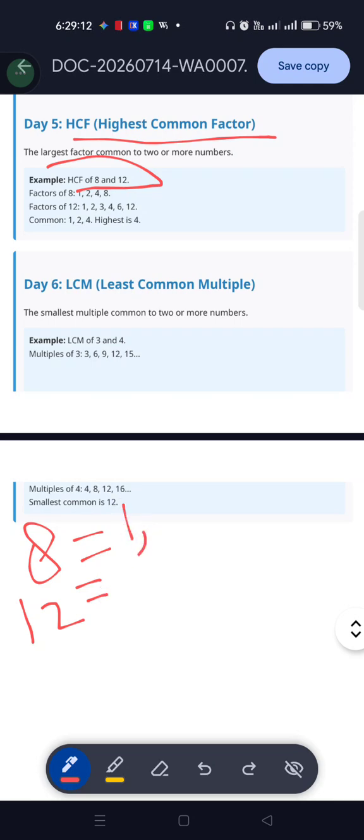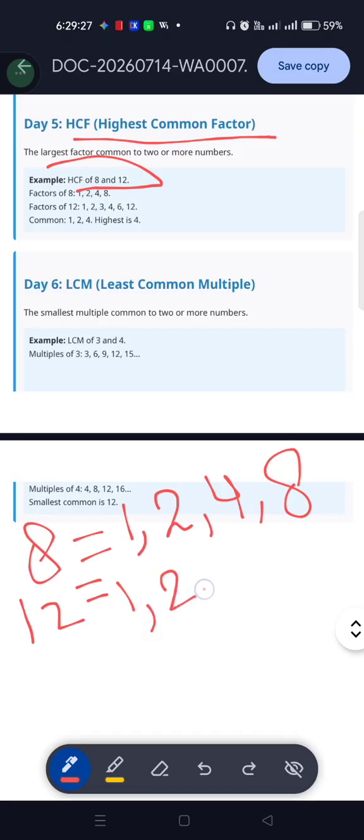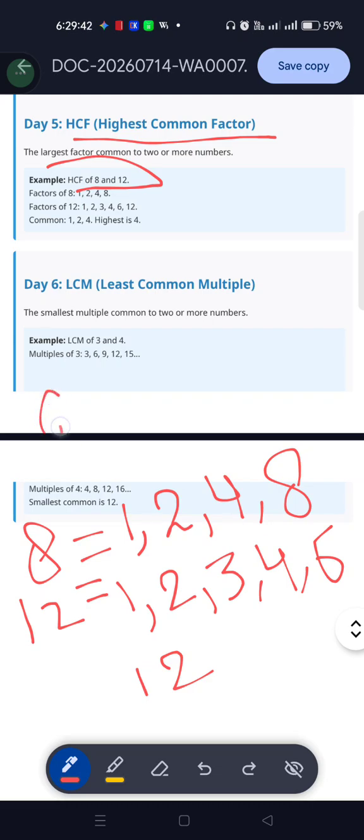The factors of 8 will be all the numbers which can completely divide 8. Okay, so 1, 2, 4 and 8 are the factors of 8. Also for 12: 1, 2, 3, 4, 6, and after 6 it is 12. So these are the factors of 12. Now you will see here what the common factors are.